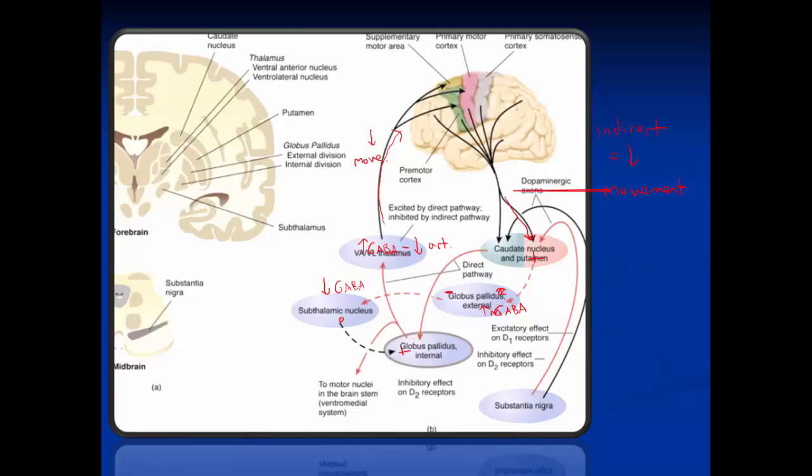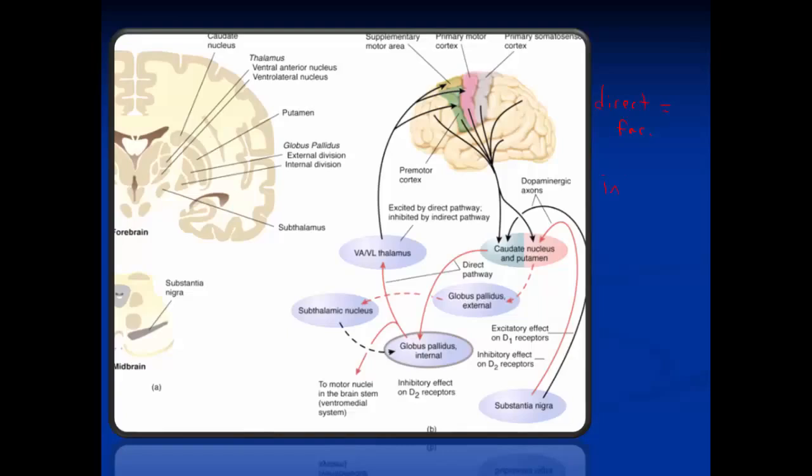So if I give you this information on an exam, you need to be able to figure out what's going on. So you don't need to memorize it, but you do need to understand it. You need to be able to follow it along. It's easiest if you just kind of draw it out and talk yourself through it, I think. All right. So we have direct, which facilitates movement.